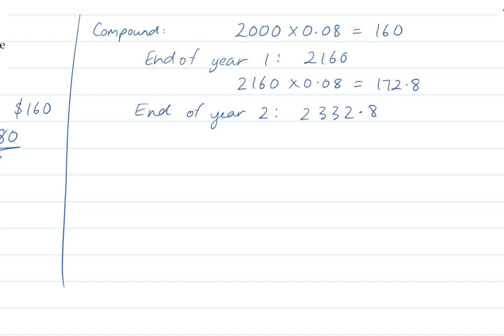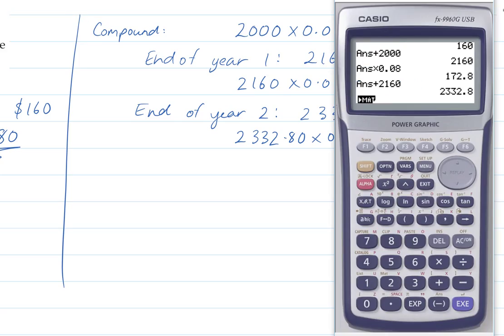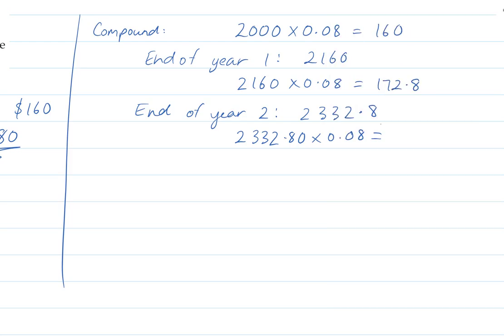Okay, so for our next calculation, we need to work out 8% of that. So $2332.80 times 0.08 gives us 186.62.